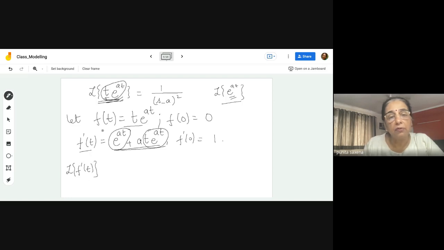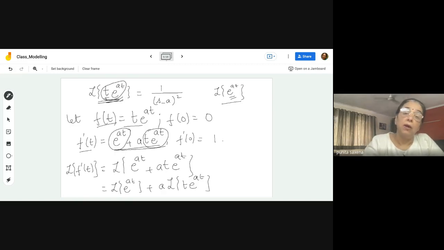By the linearity property of Laplace transforms, this will be the Laplace transform of e to the power at plus a times the Laplace transform of t e to the power at.